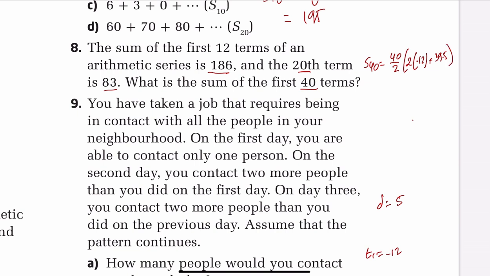Okay, this will give me S40 is equal to 20 times minus 24 plus 39 times 5, which will give me 3,420.